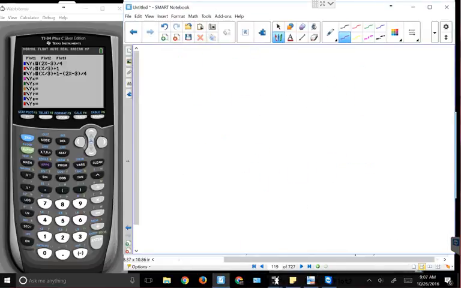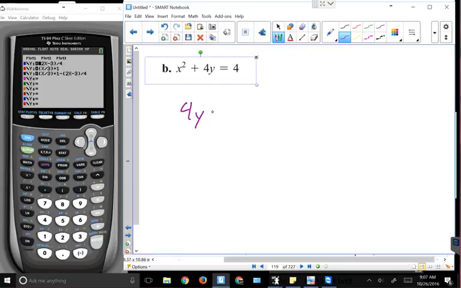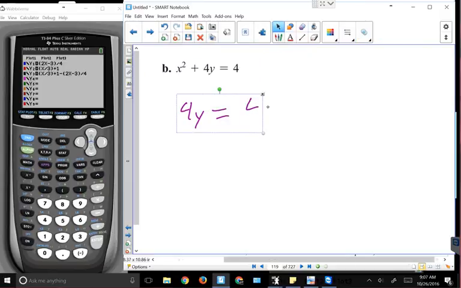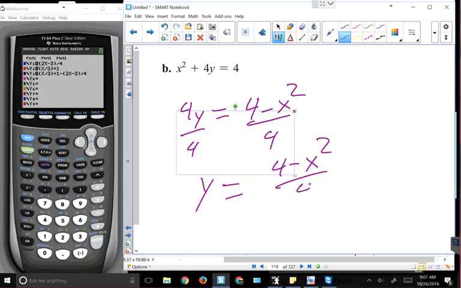If all I am worried about is getting it into the graphing calculator, solving it for x, I could simply rewrite this as 4y is equal to 4 minus x squared, divide both sides by 4, and y is equal to 4 minus x squared over 4. For the purposes of the graphing calculator, that is perfectly acceptable.